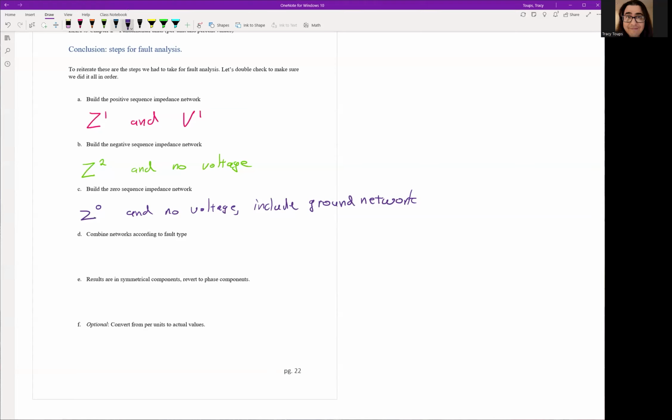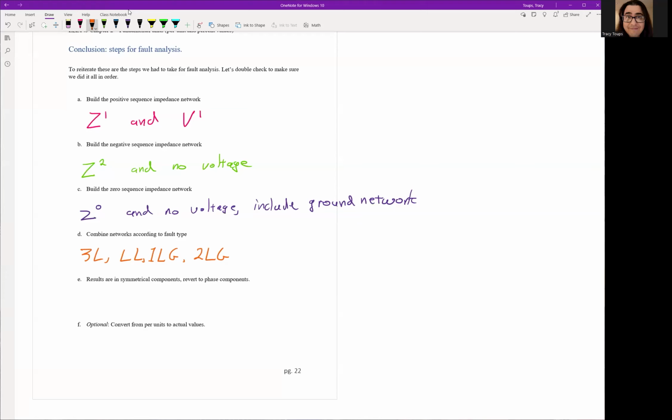Now, using all this, what can we figure out? Well, based on our fault type, we could figure out either line to line, single line to ground, so that's one line to ground, or maybe, if it's rare, two line to ground. Depending on which you have, you need to look at the network chart.